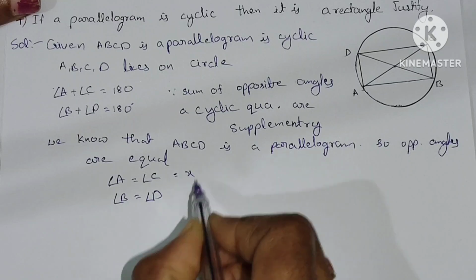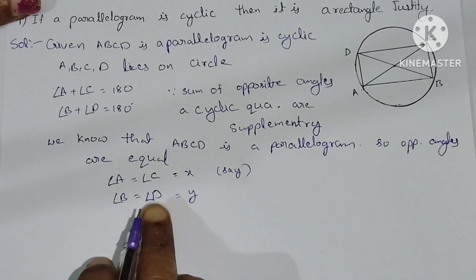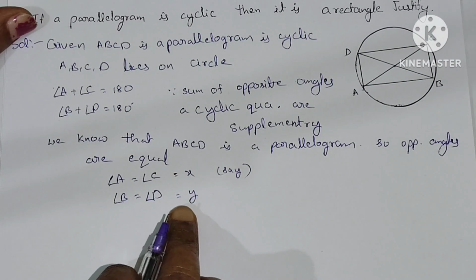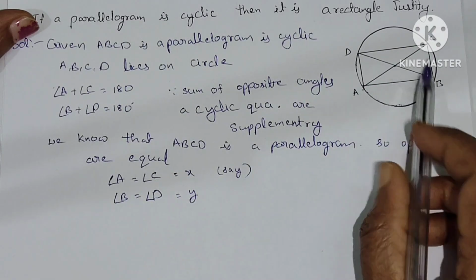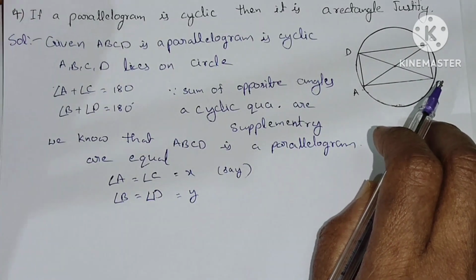Let the first one equal X and this one equal Y. Now we show that X and Y are 90 degrees. If four angles are 90 degrees, it is a rectangle. So first we show these angles are 90 degrees.